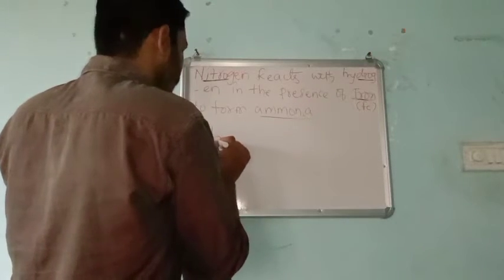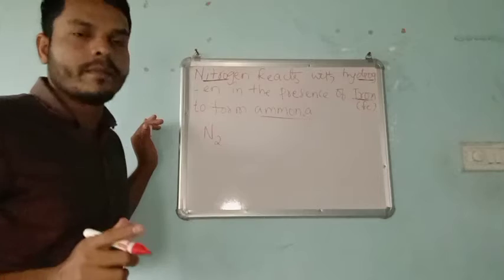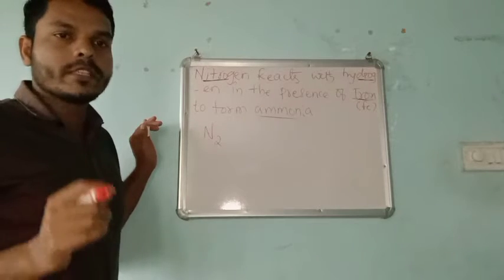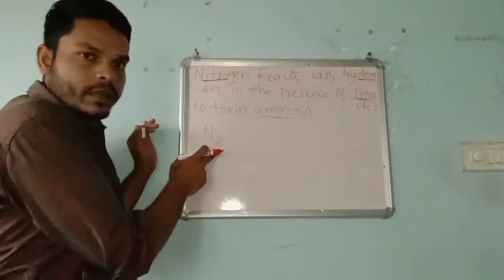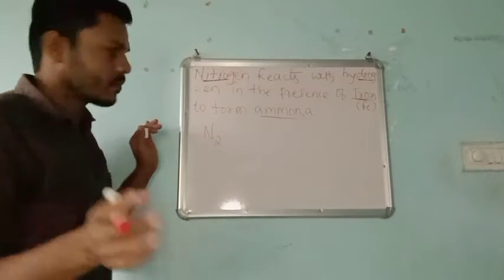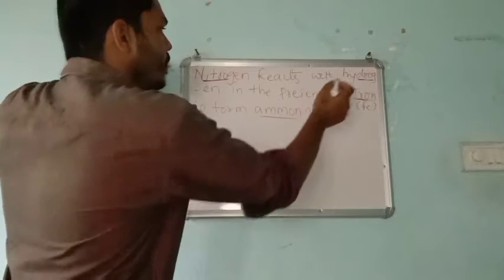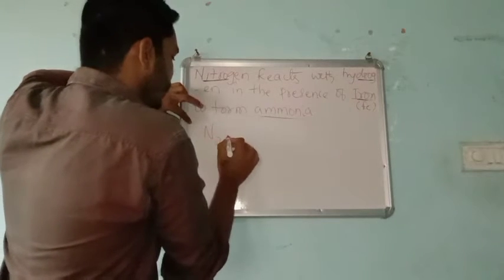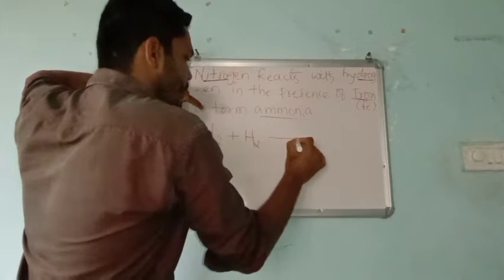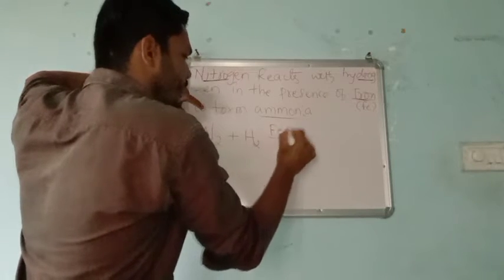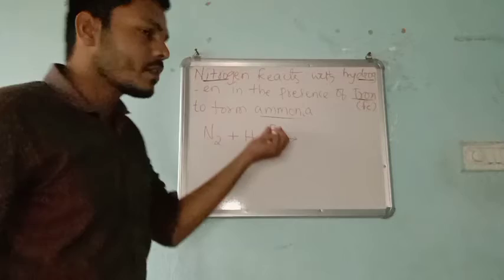Nitrogen. Nitrogen is again a gas, and as I said, gases are always present in diatomic form. Di means two. N2, H2, I2, right? Already I have explained. And this nitrogen is reacting with hydrogen. In the presence of iron means as a catalyst, right?